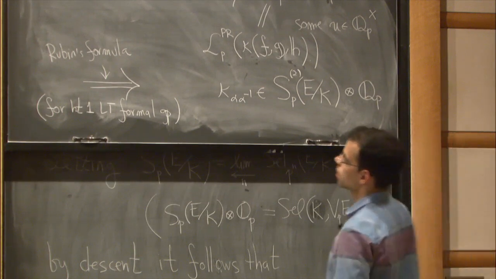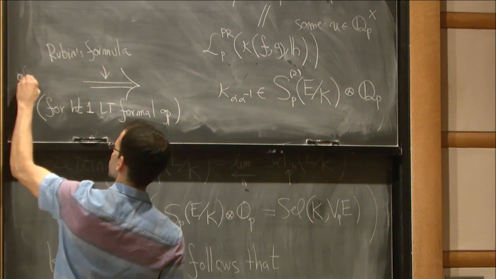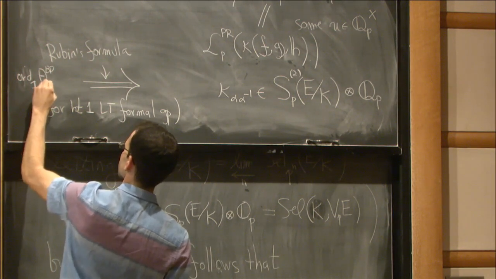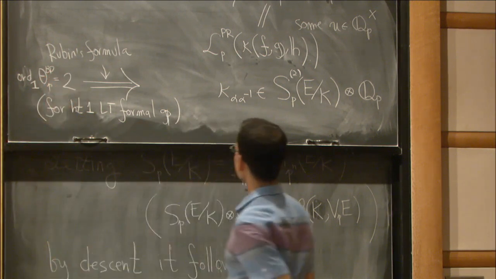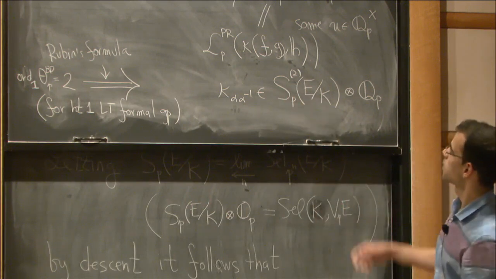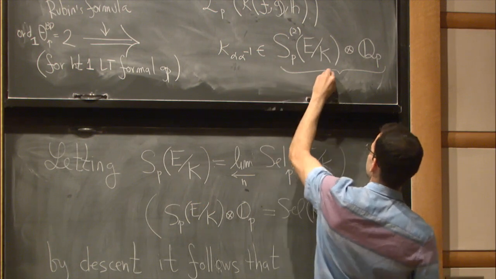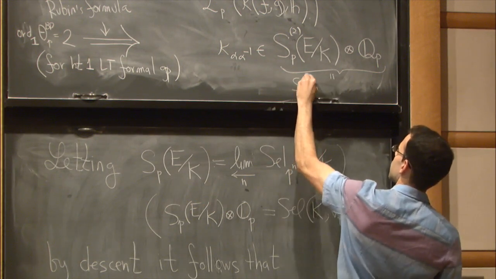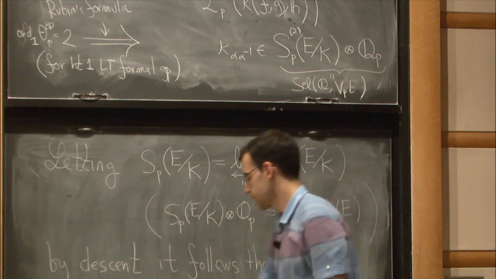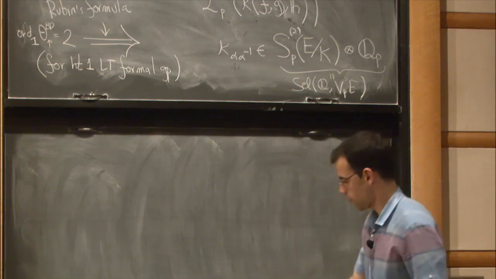So the fact that the second derivative vanishes, the fact this vanishes to order 2, tells you that this will live in the second derived space, but in our case we've just shown that this will be the same as Vp of E, and you get a formula for the heights.